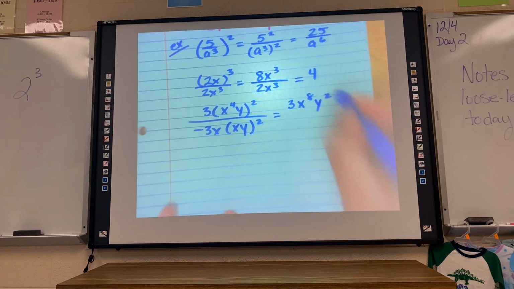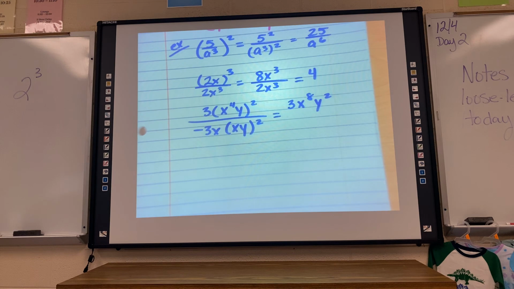Yeah, that 3 is out in front, but even if the 3 was in there, you'd only square the 3 one time. You treat the coefficient, in this case the 3, as its own separate thing. It's outside the parentheses, so it doesn't get affected by that exponent at all. But if it was inside, it would be 3 squared times x to the 4th squared times y squared. So just be careful there.